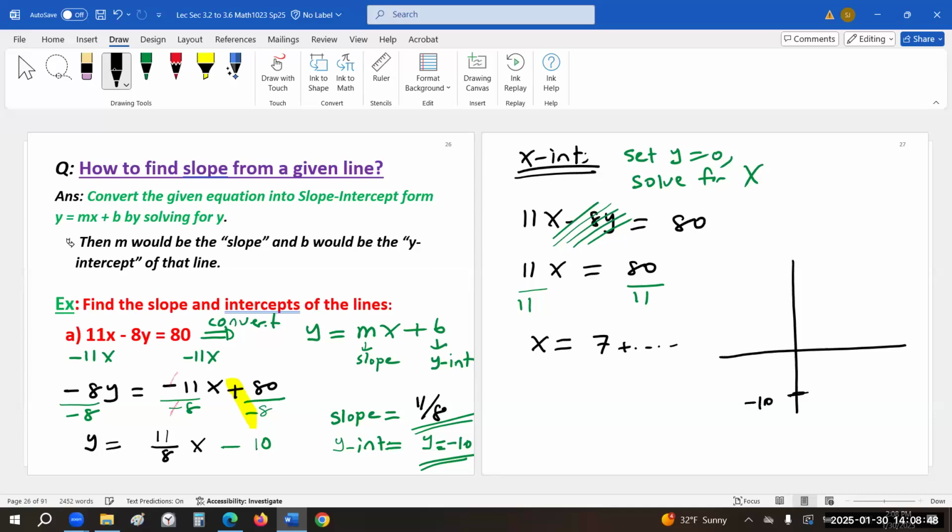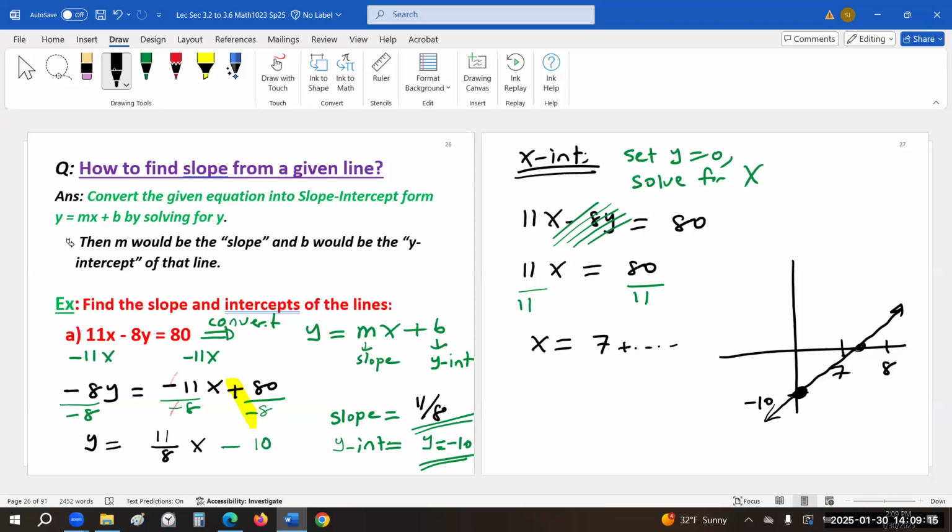Let's say this is -10. And the x-intercept, we are not 100% sure, but we do know it's between 7 and 8. Somewhere, right? So let's pick somewhere. That's an estimation. So I connect them with a straight line. So that's the graph.